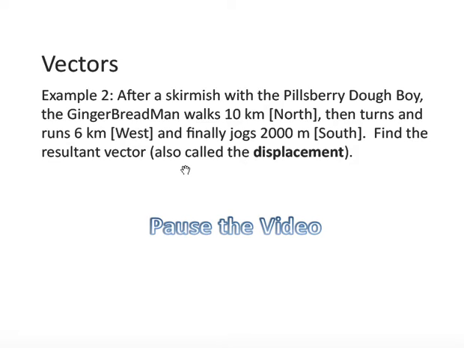Often when students are writing a test, they're under pressure, and they sort of make errors with units. What do I mean here? Well, notice the first two distances are listed with kilometers. Kilometers, kilometers. Here we have 2,000 meters. So the first thing you need to do before you even start this question is convert the meters into kilometers.